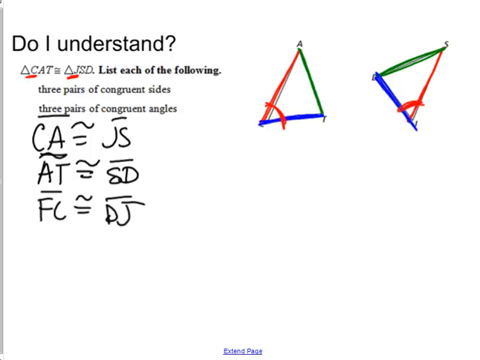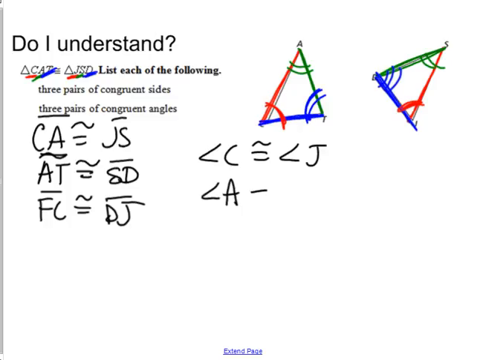The next angle I'm going to look at is angle A is congruent to angle S. And finally, angle T is congruent to angle D. Okay, so the way you would write that then is angle C is congruent to angle J, angle A is congruent to angle S, and angle T is congruent to angle D.